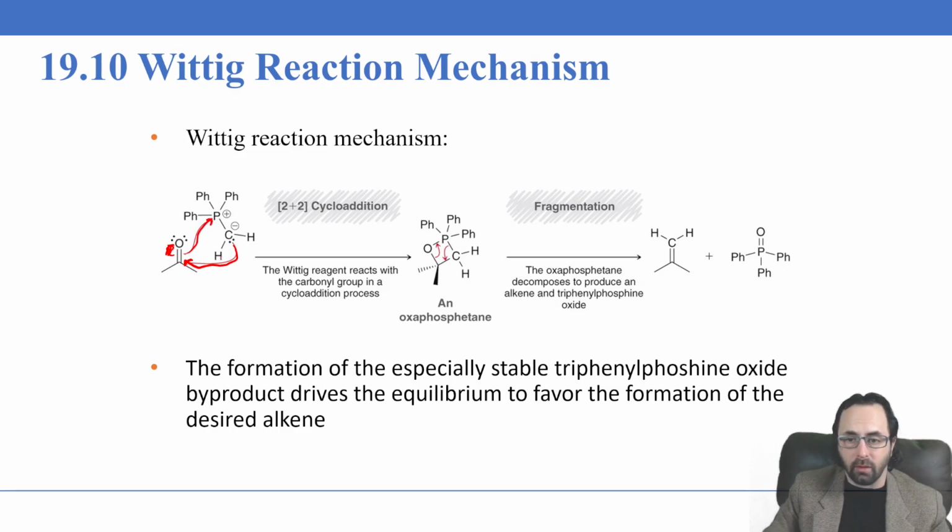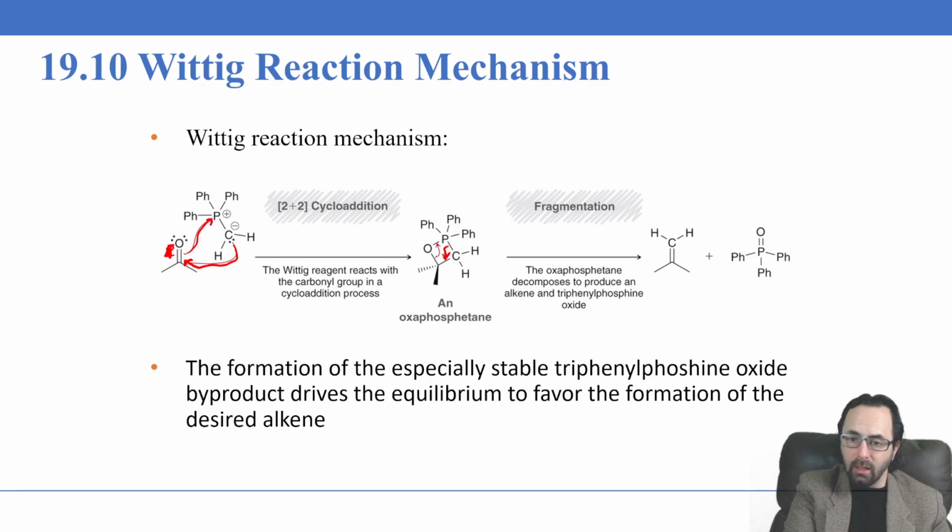And so these pi electrons instead form a bond to the phosphorus. So instead of having that second resonance arrow that we've seen again and again, we're going to have those pi electrons going into the formation of a sigma bond to the phosphorus, forming a so-called oxaphosphetane intermediate. And then finally we have a fragmentation of this, and ultimately these electrons between the carbon and the phosphorus, this sigma bond breaks, and these electrons go into making a pi bond between the 2 carbon atoms, giving us our carbon-carbon double bond.